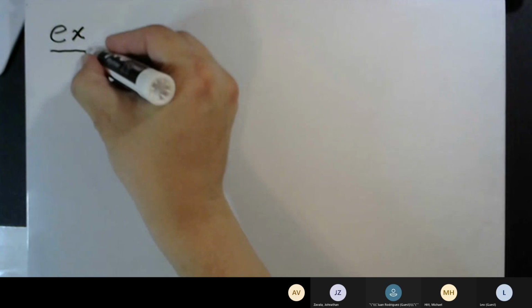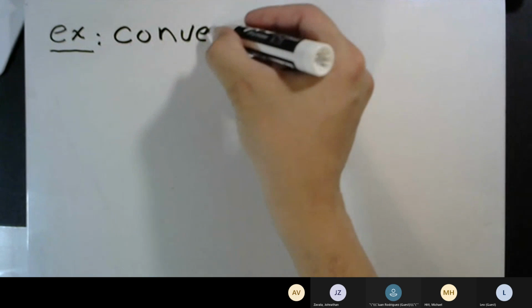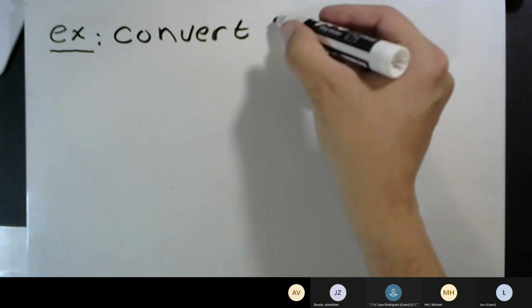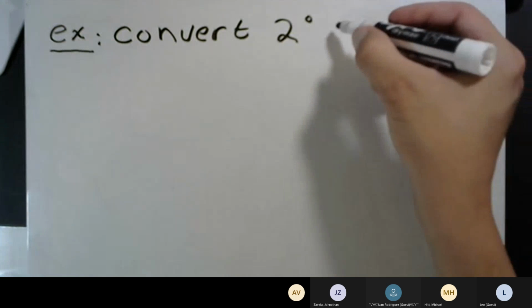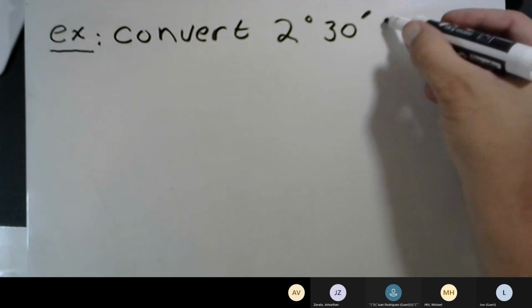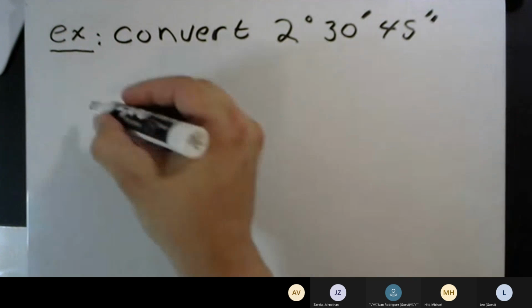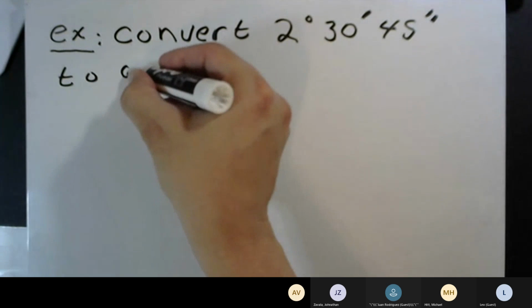And let me grab my calculator here. Let's say we have this. Convert 2 degrees, 30 minutes, 45 seconds to degrees.